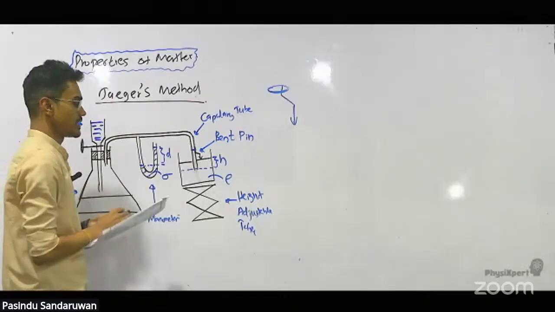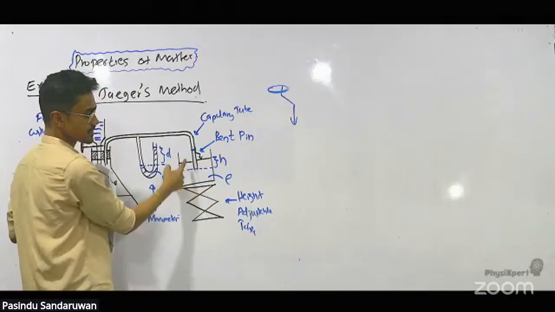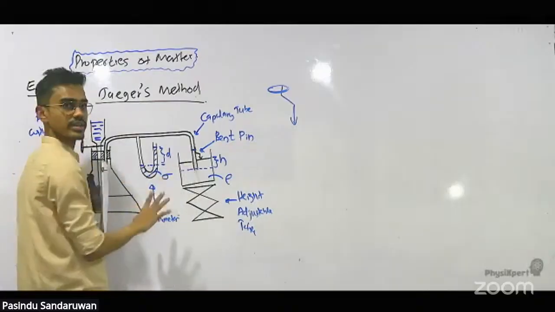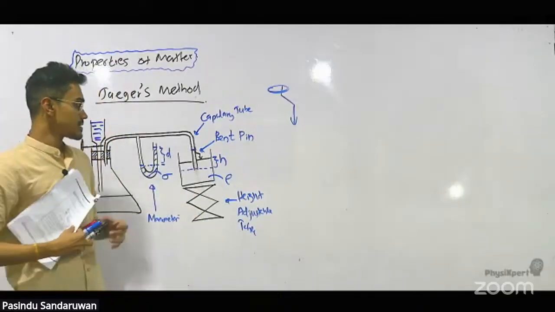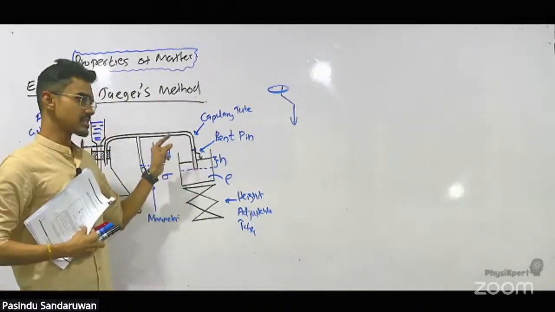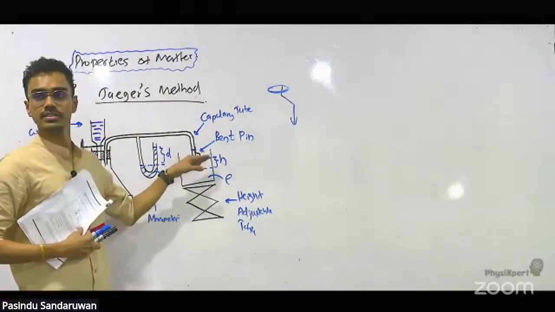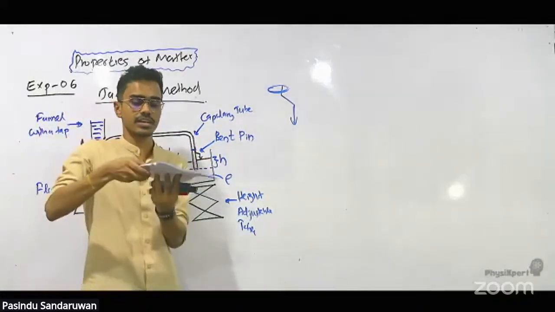Then the height of the table is adjusted until this end of the capillary tube is immersed in the liquid, and the bent pin just touches the liquid surface here.